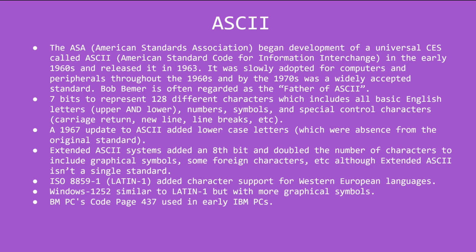And then there was ISO 8859-1, more commonly known as Latin 1, that added a lot of character support for at least Western European languages, think diacriticals in German, etc. Microsoft made their own for Windows, 1252, but they added more graphical symbols. The IBM PC had code page 437 that was used in IBM PCs that was based off ASCII.